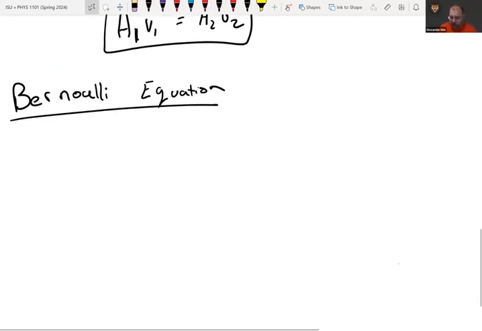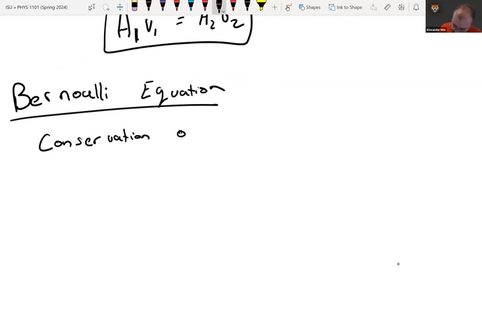The Bernoulli equation is conservation of energy. And I'm going to make a slight note. It's conservation of energy density for fluid flow. Now, why do I say conservation of energy density instead of just conservation of energy?